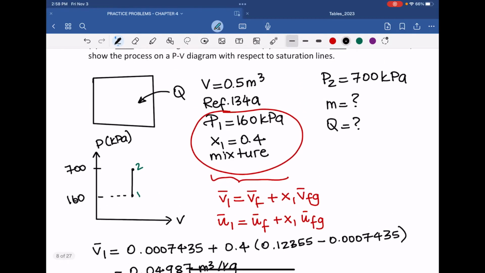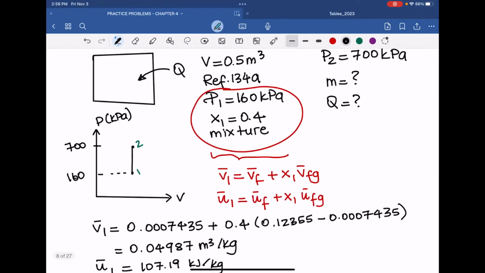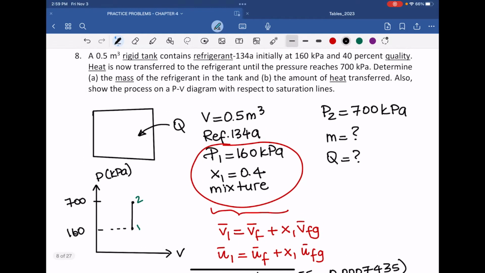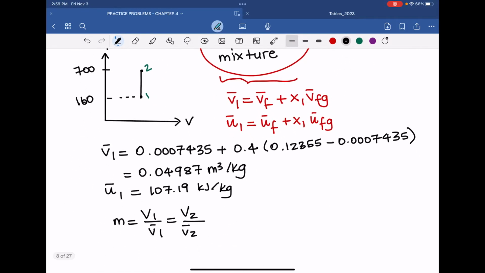As I told you before, it is easy to find the mass once you know the volume and specific volume, because you can use this relation. You can either use this or that, but we don't know right now what is V2. We actually know, because it's a rigid tank, right? That means V1 is equal to V2, specific volumes too, because the mass doesn't change.